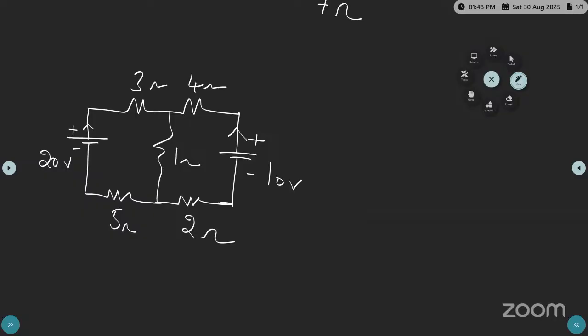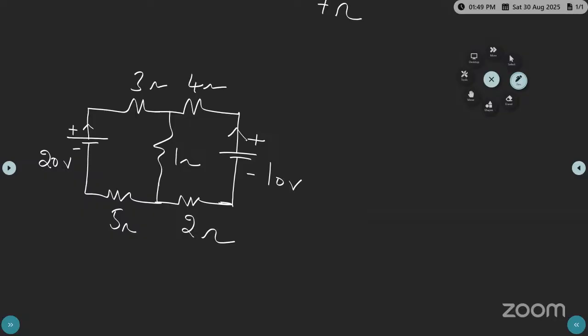Whenever two voltage sources are there, the 20 volt source will leave some current and the 10 volt source will leave some current. Two different currents will exist in the circuit. So the reduction technique, series and parallel reduction into a single element, is not possible whenever a circuit consists of two or more sources.